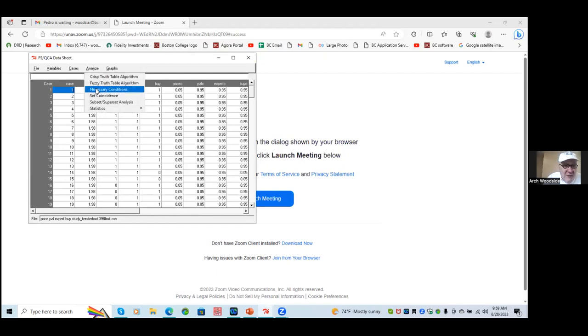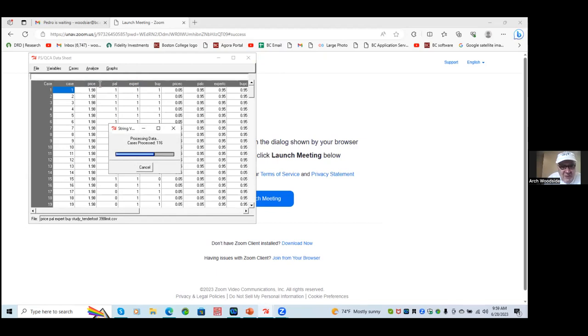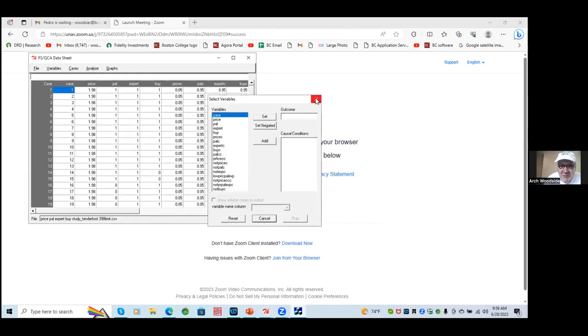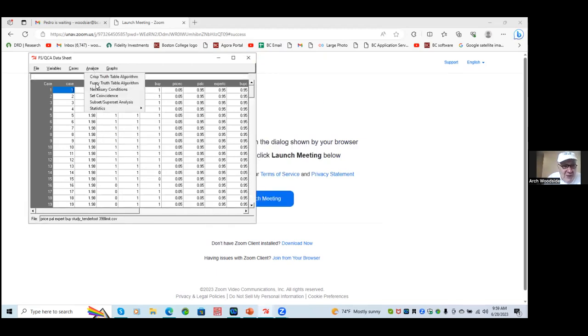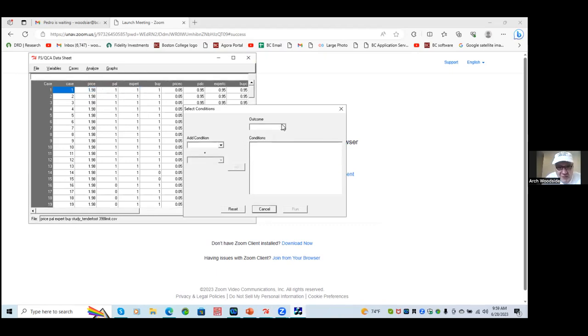Let's just try that again. We're just looking at single conditions, fuzzy truth table. I don't want that. I want the necessary conditions, and we're predicting buy.